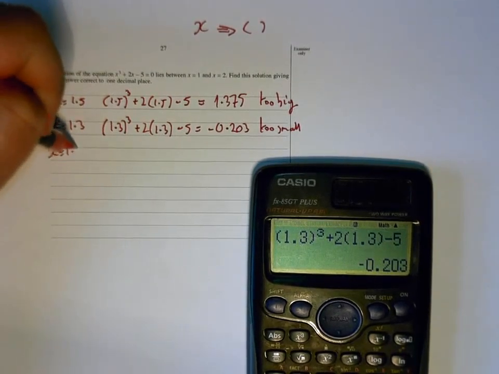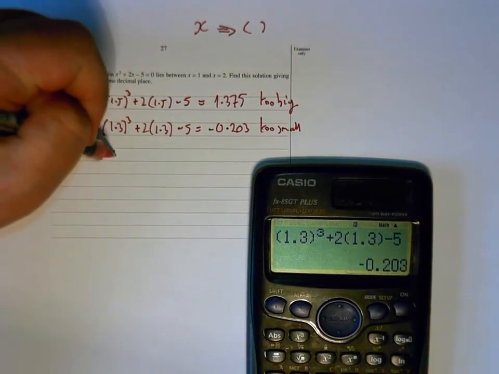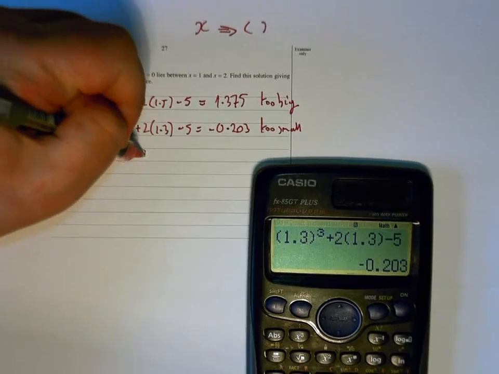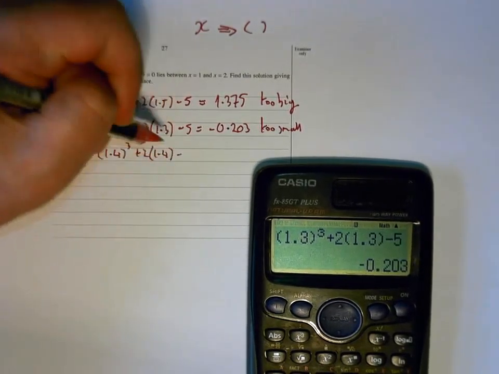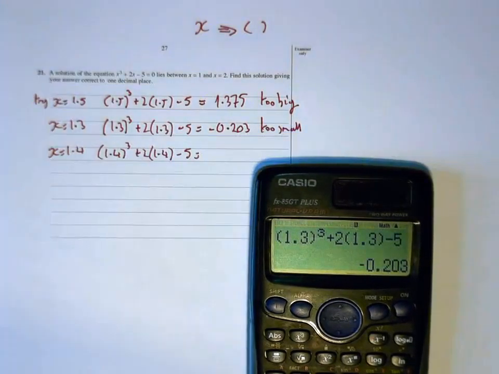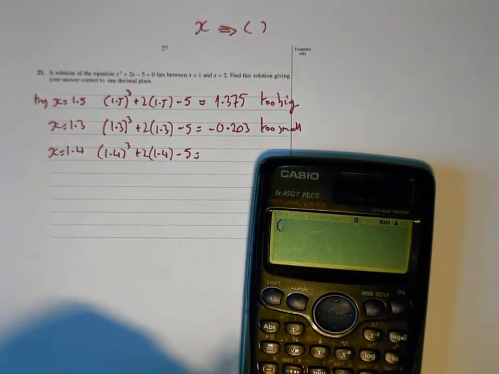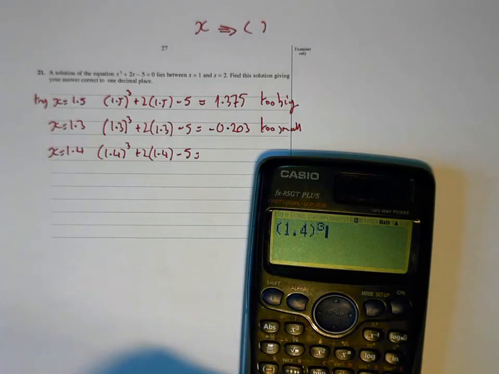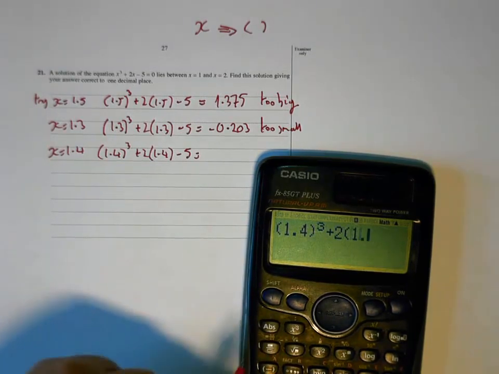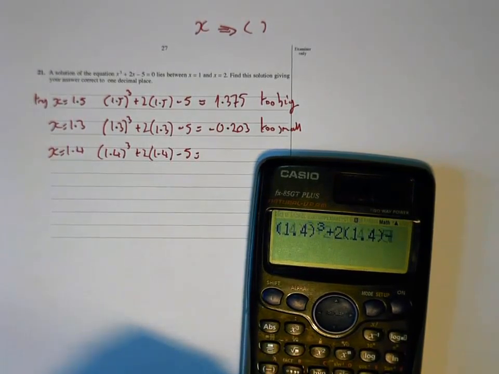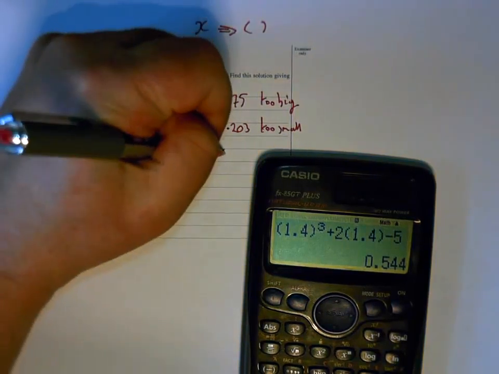So I'm going to go 1.4. Explode, explode, plonk it in. Open bracket 1.4 cubed plus 2 open bracket 1.4 take 5 equals 0.544.